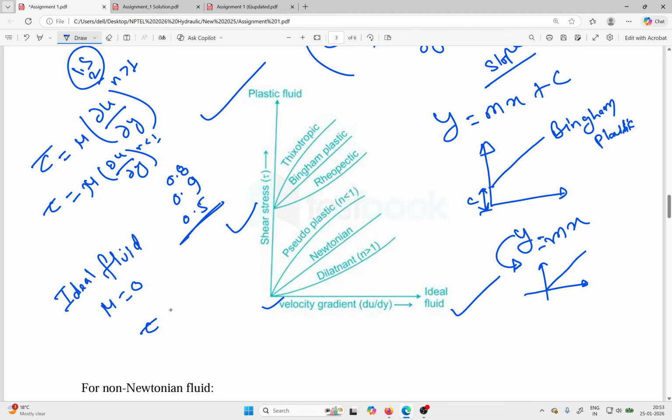Because your shear stress is related to dynamic viscosity also, some other terms. But if this is zero, then tau is equal to zero. So that's why here you can see for the ideal fluid, the plot is associated with your velocity gradient, or you can say the x-axis.